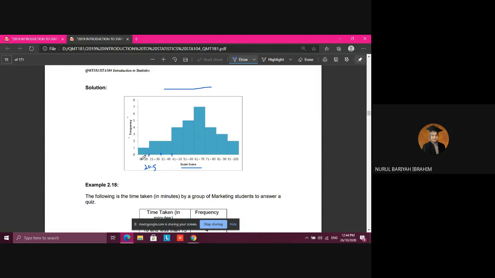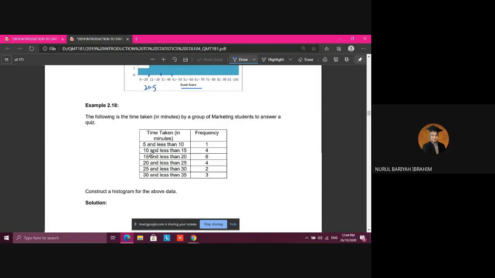You nak labelkan ni tak ada masalah, you boleh label 0 to 20, 20 to 30, tapi di sini you nak lukis bar ni, dia punya bar ni should follow the scale ataupun follow the class boundaries, which is the 20.5. Okay, so that is the way how you draw the histogram.